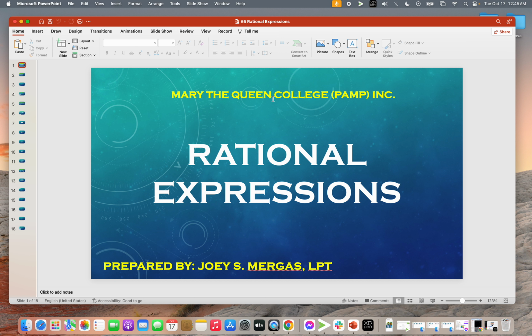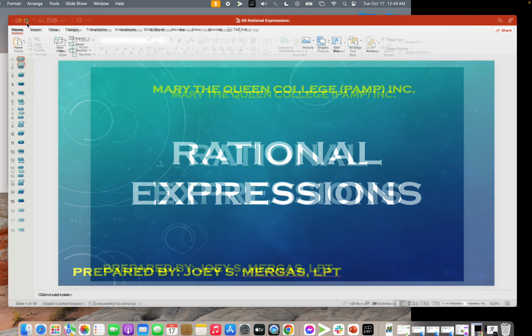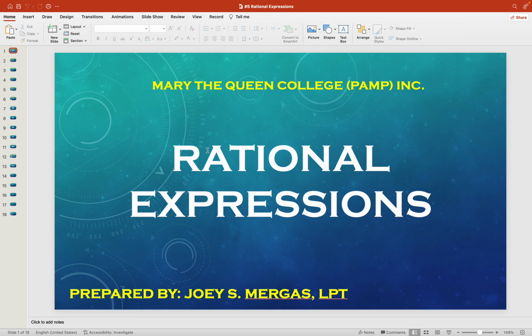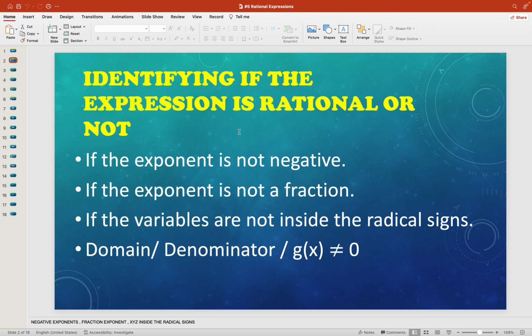Okay, so for our last topic for the first grading in GenMath, we are now on rational expressions. When we say rational expressions, there are things to identify if the given expressions are rational or not, or also undefined.